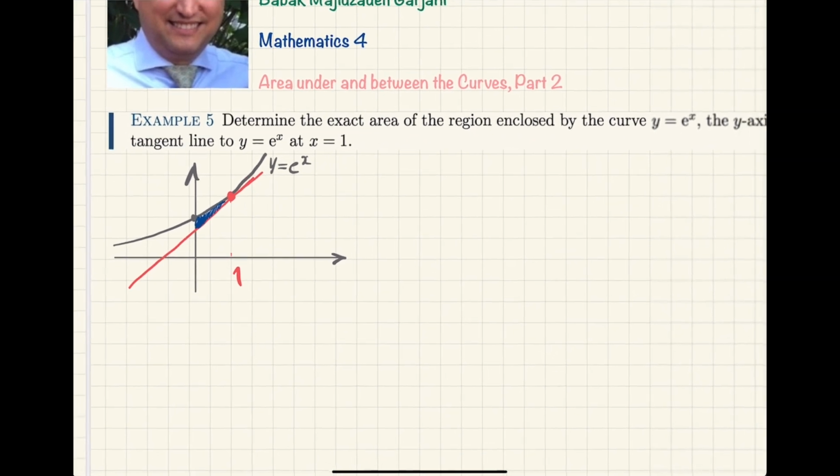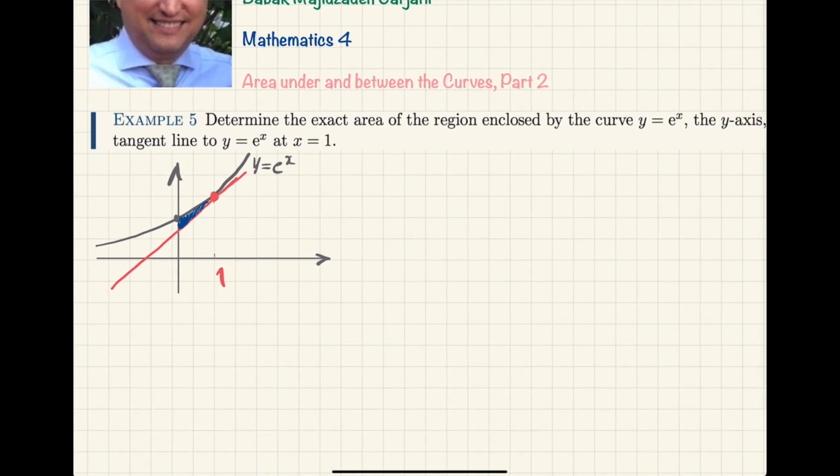So first I need to combine my knowledge from the tangent lines. What should I do? I differentiate the function. This is a simple function to differentiate. It is e to power x. And then you find the k value. So the k value is e to power 1. I replaced x with the x coordinate of the point of tangency, so k becomes e.